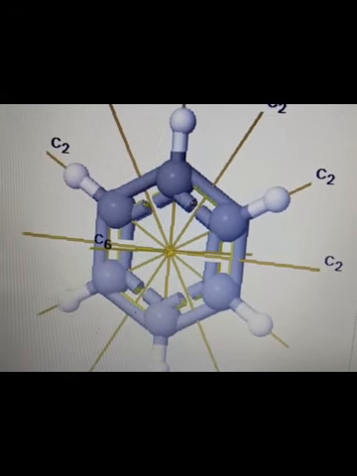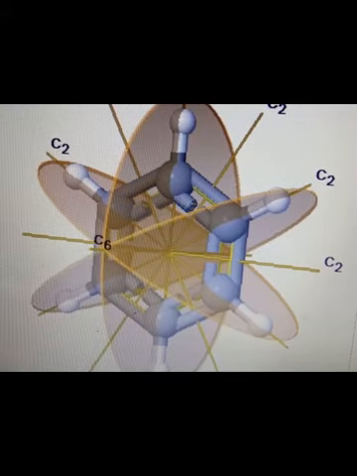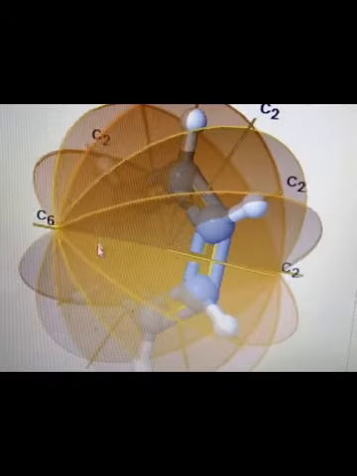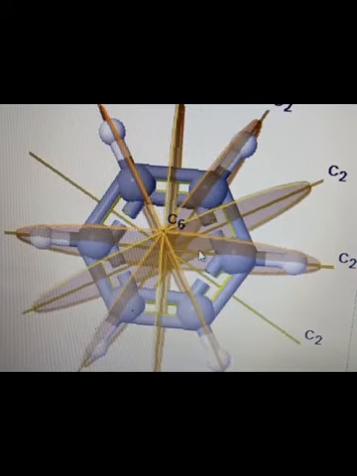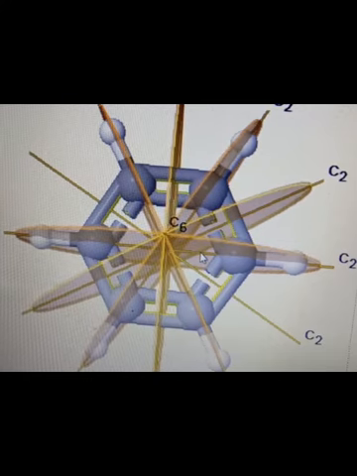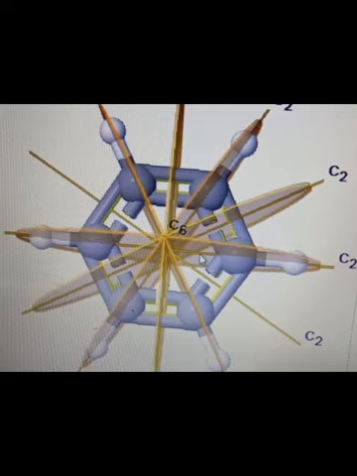I'll just show you how the sigma V's are present. So this is how the sigma V's are present in case of the benzene molecule. That is, 3 sigmas are passing from the center of opposite edges, and 3 sigma V's are passing from the center of opposite corners.